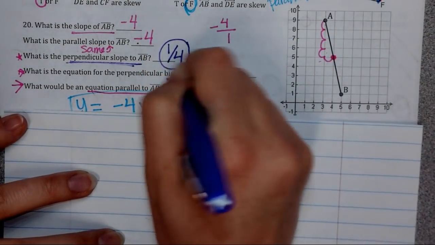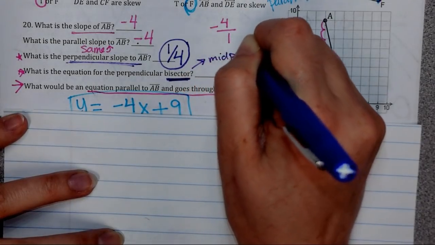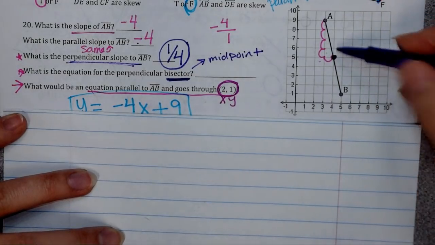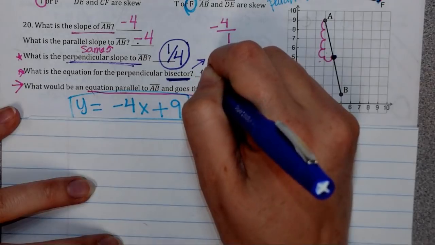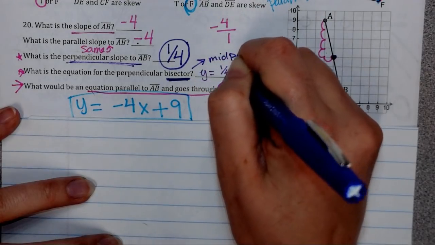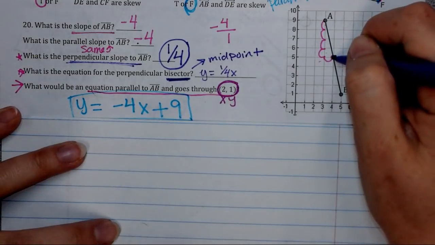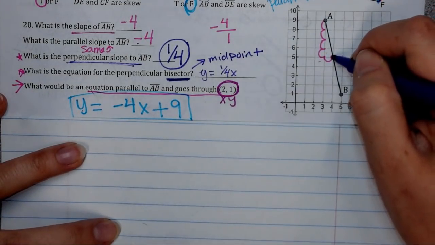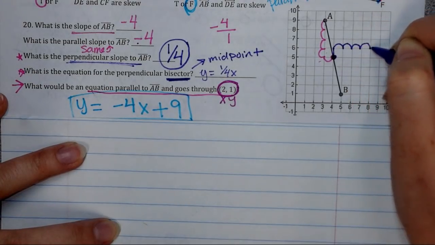Also, because it's a bisector, that means that it goes through the midpoint. So here's the midpoint of that line. We already know that it's going to start out as 1/4 x. We need to figure out what the plus b is. So you can actually just count. If our slope is 1/4, that means that we go up 1 over 4.